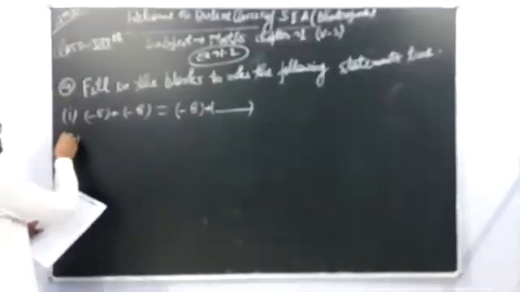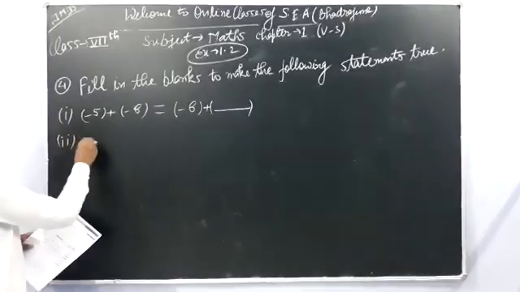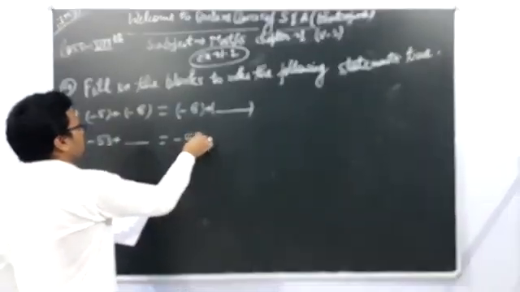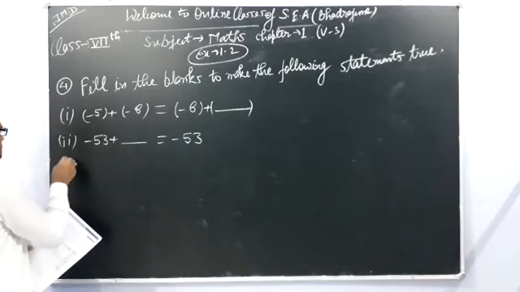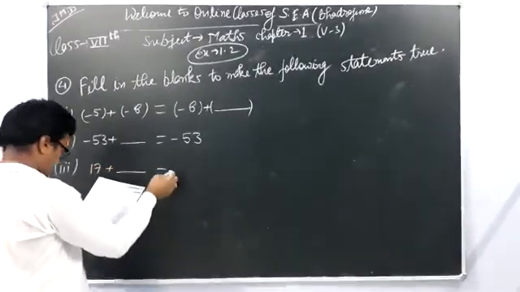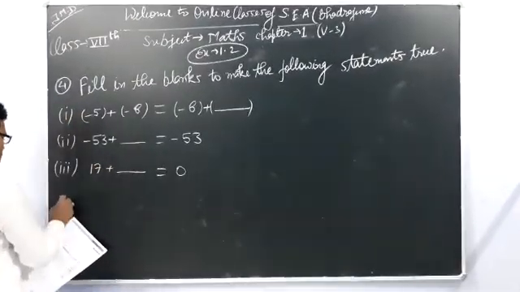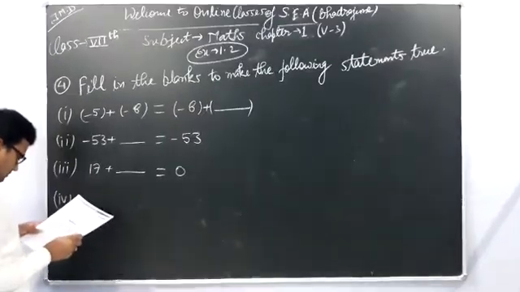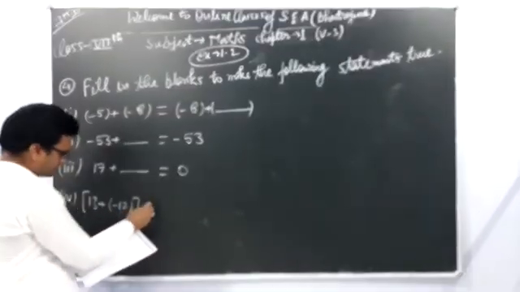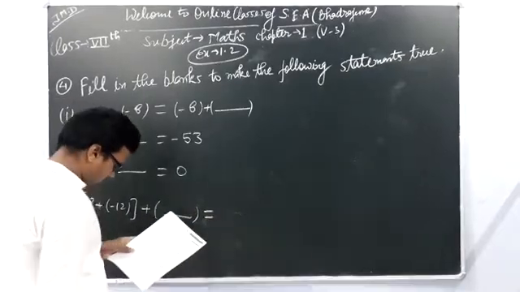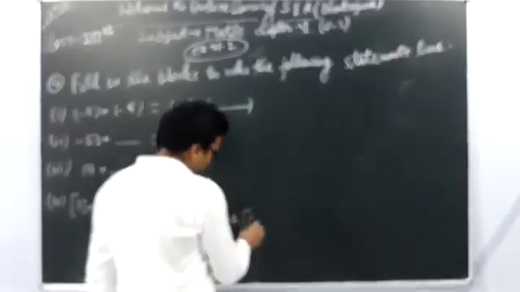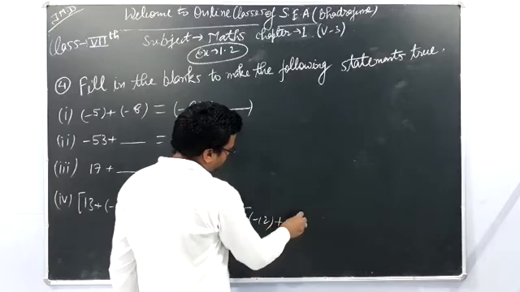Our second part is -53 plus blank equals -53. The third part is 17 plus blank equals 0. The fourth part is 13 plus -12 plus blank equals 12 plus 13 plus -12 plus -7.